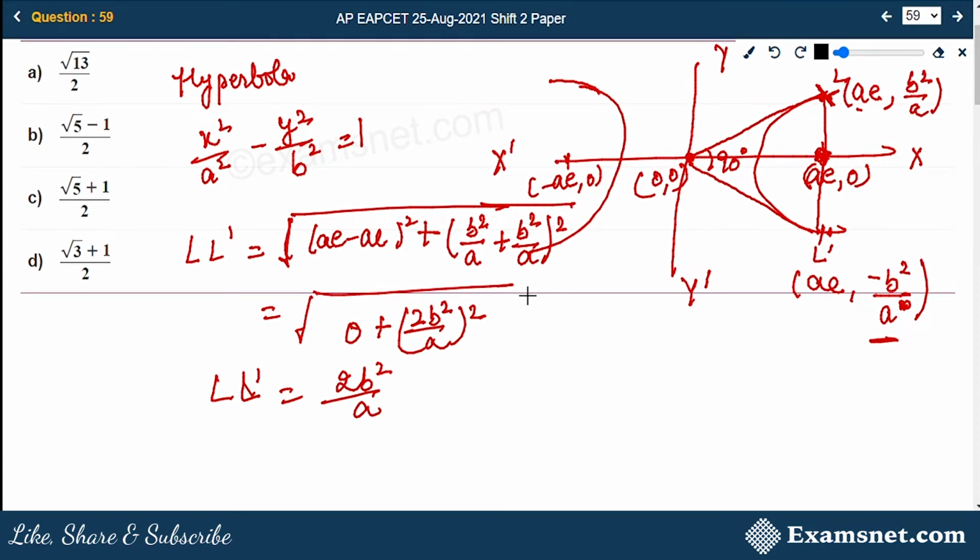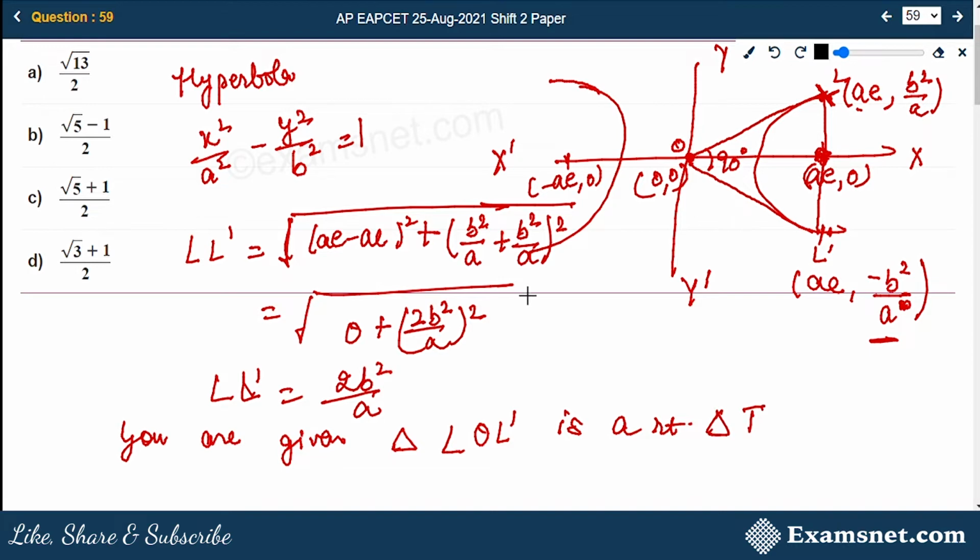Now what you have to find out? You have to find out this eccentricity. For that, you are given that triangle L L dash O, I am naming this one as O, is a right angled triangle.